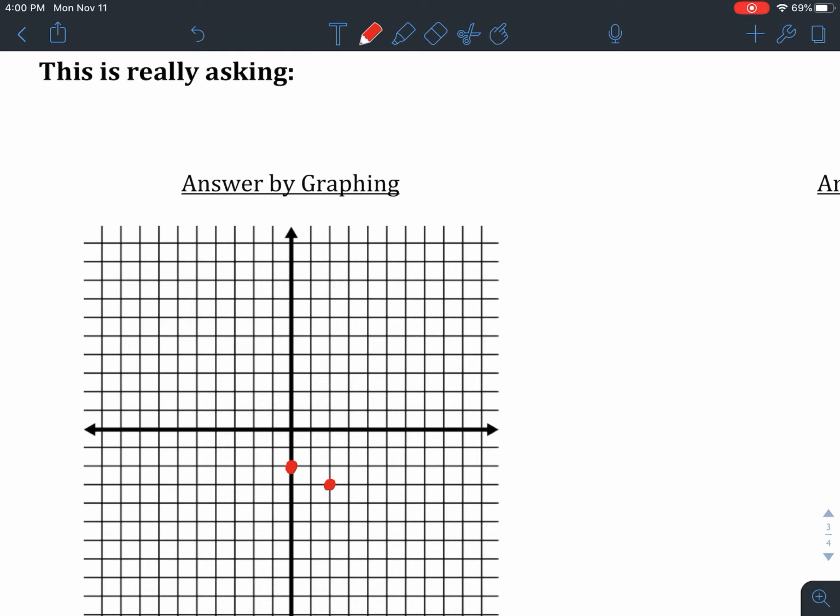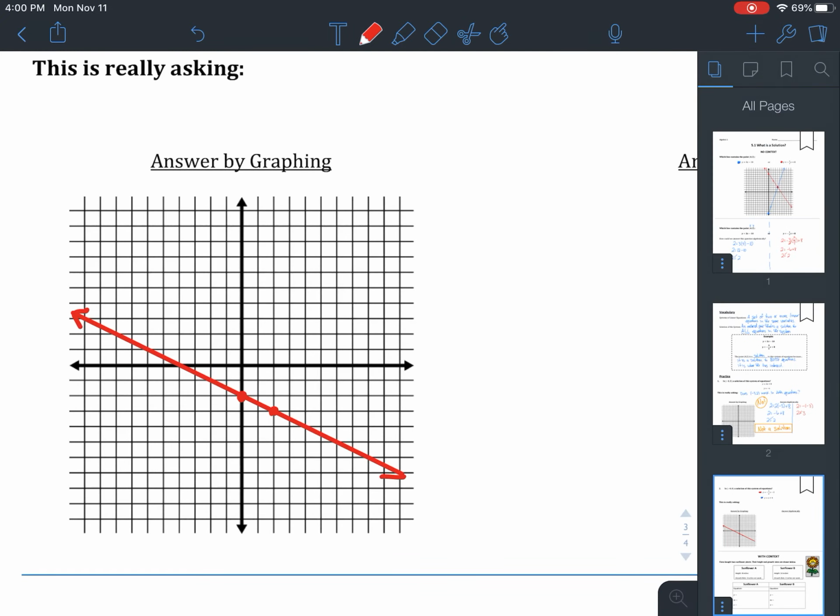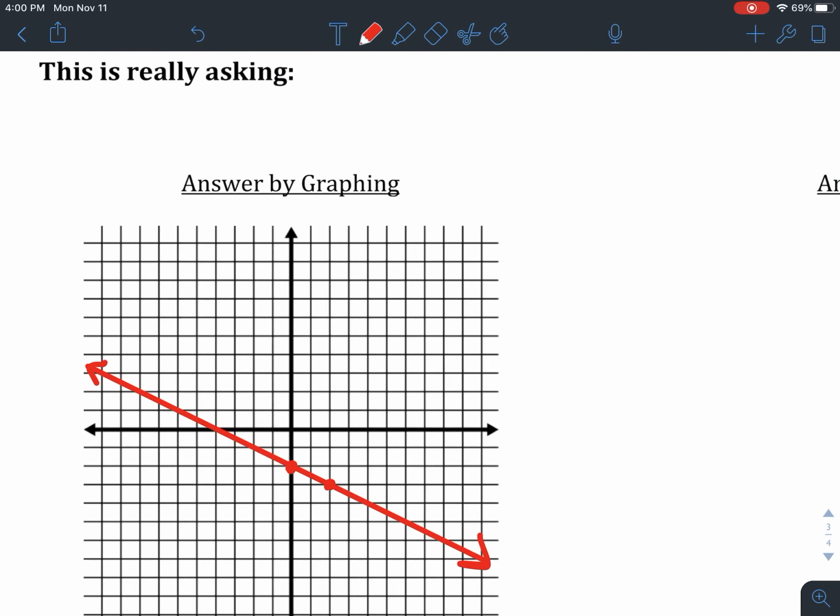So I'll go ahead and grab my ruler, grab whatever you want to connect your two dots. Down 2 over 1, over 1, over 1. So I'm going to go here, try and line it up as best as I can. There we go. And then I'll switch to blue for my bottom equation.